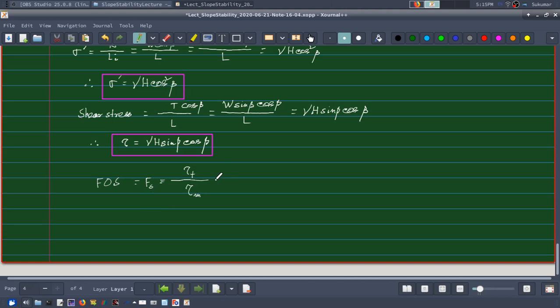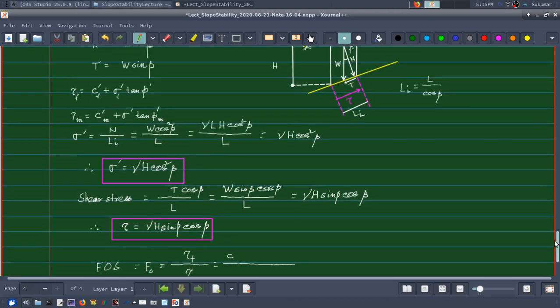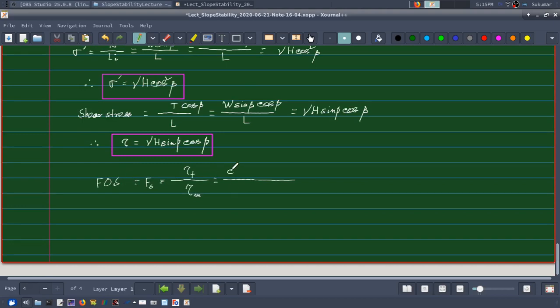And this I can write as C dash F plus sigma dash tan phi dash F, divided by C dash m, the mobilized value, plus sigma dash tan phi dash m.